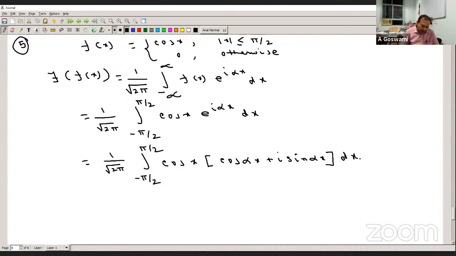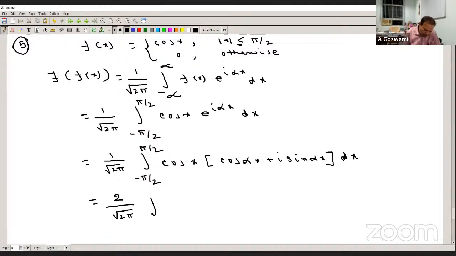Now break it into two parts. One integral will be from minus pi by 2 to pi by 2 of cos x cos alpha x dx. That is an even function. The other one, cos x sin alpha x, is an odd function. So therefore the second one will vanish.